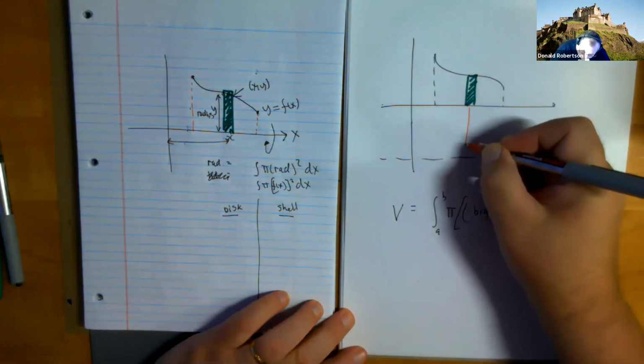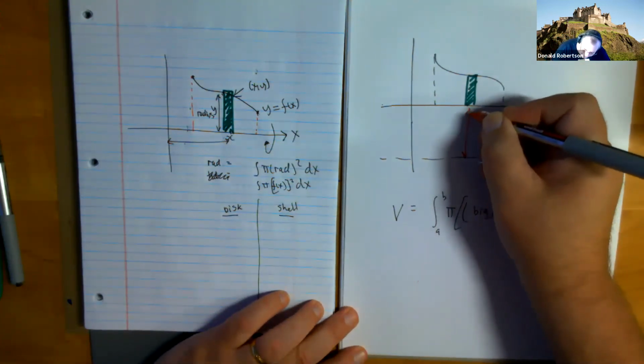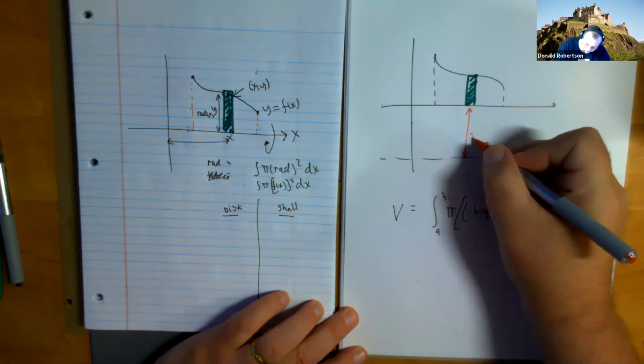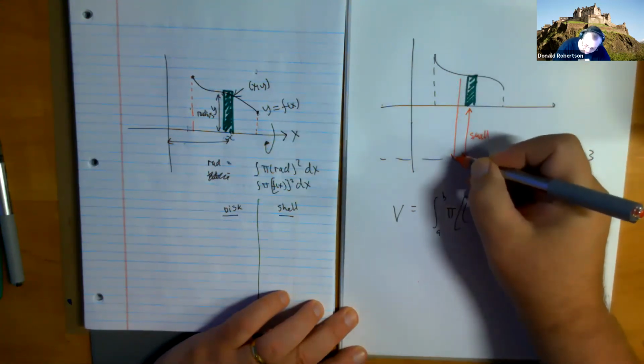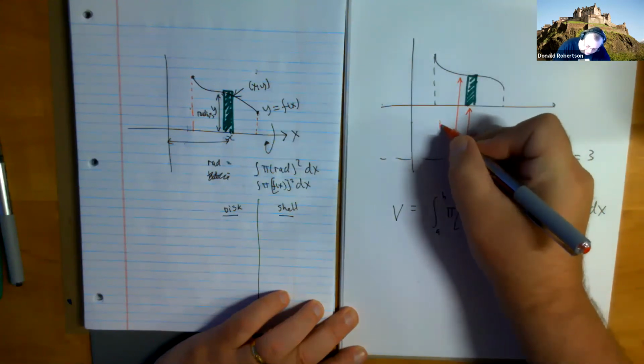In this case, that distance from there to there is the small radius, and this distance from here to here is going to be the big radius.